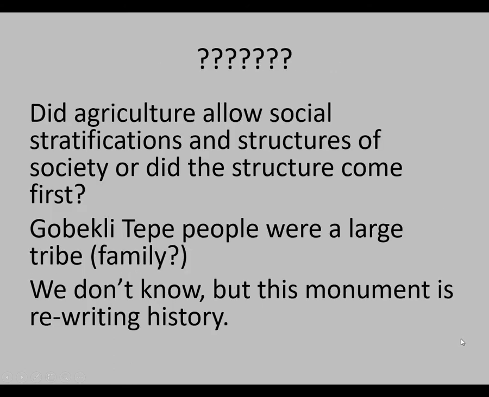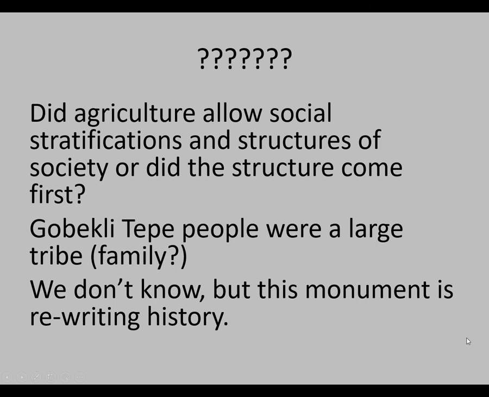So did agriculture allow social stratifications and structures of society, or did the structure come first? That's the question with Göbekli Tepe. These people were very, very organized as a society.